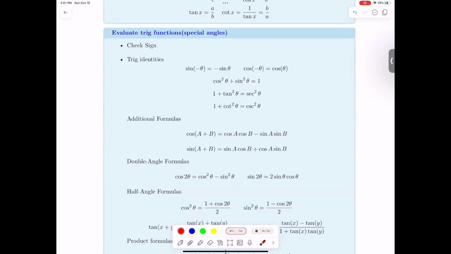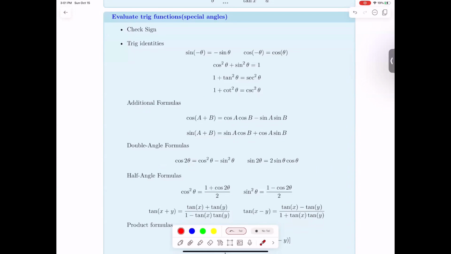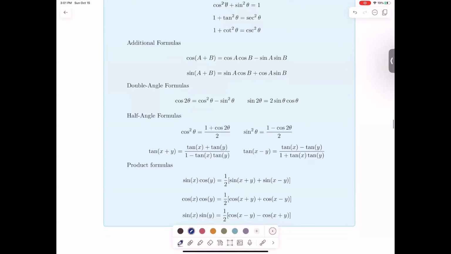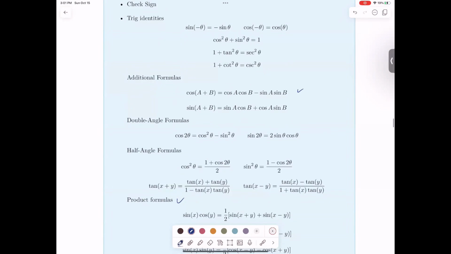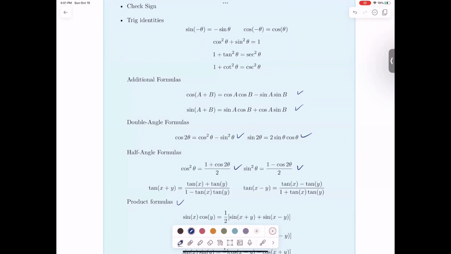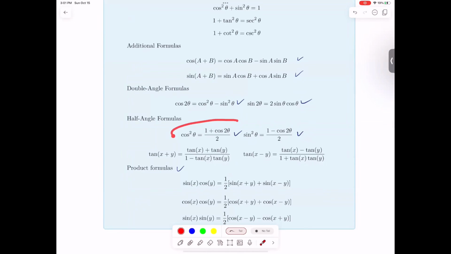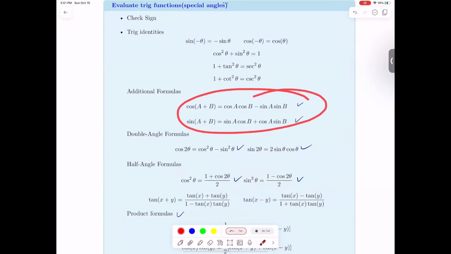So let me see what's there. You guys have all of those product formulas. You have this, you have this. Double angle. Where's my double angle? This. That's it. So she gave you half angles, product, addition formulas, and double angle.